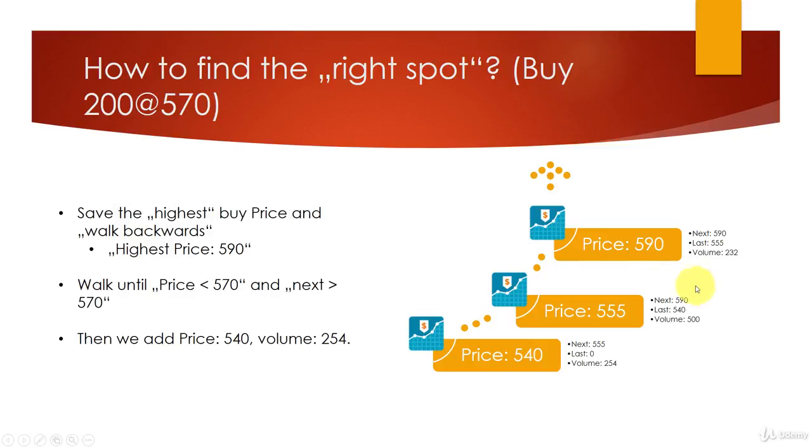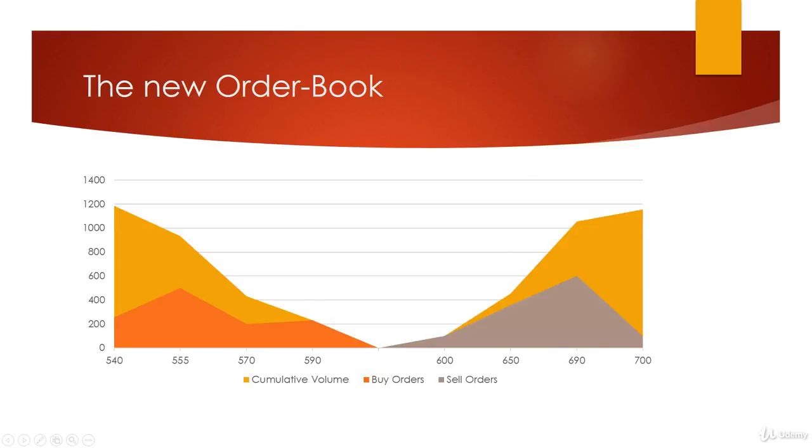So it would be inside here. Here the price is smaller than 570 and the next one is bigger than 570. And then we add the price inside. This is how our new order book looks like. Here we have our new order. For a price of 570, you can purchase or sell new coins, and our cumulative volume gets updated as well.